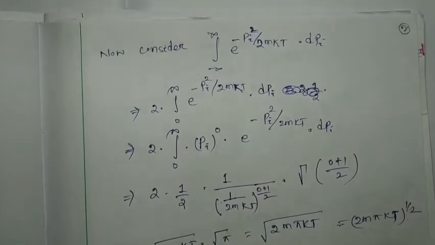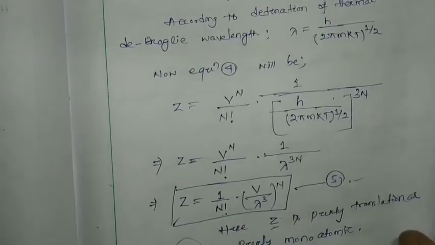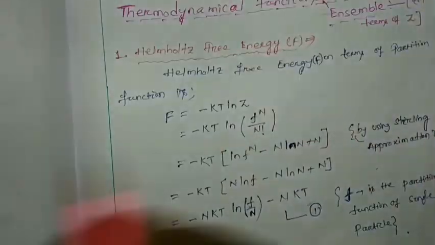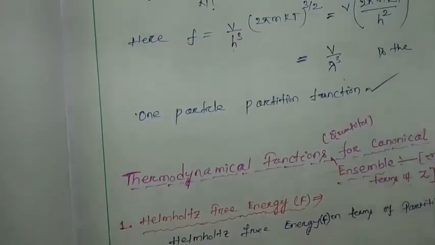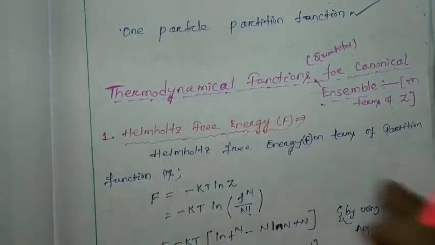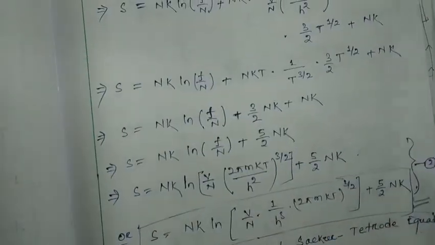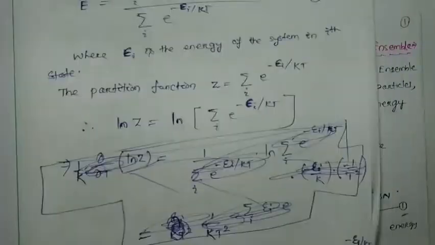First we have to find its partition function, then by using the partition function we find the entropy. Also another thermodynamical quantity, the Helmholtz free energy, and the internal energy. These things we are going to discuss in this video.